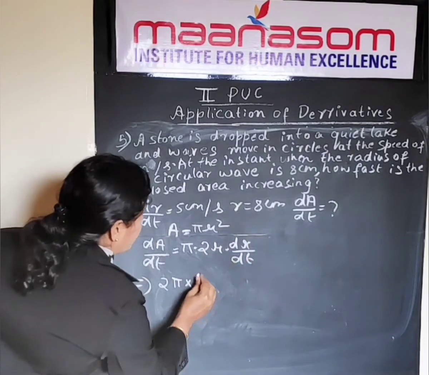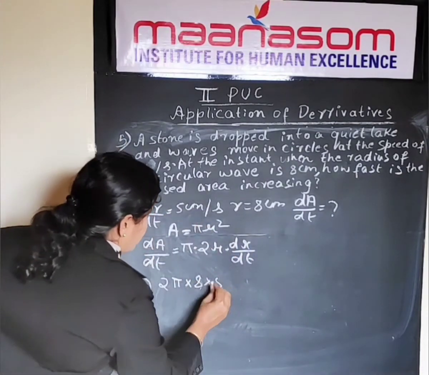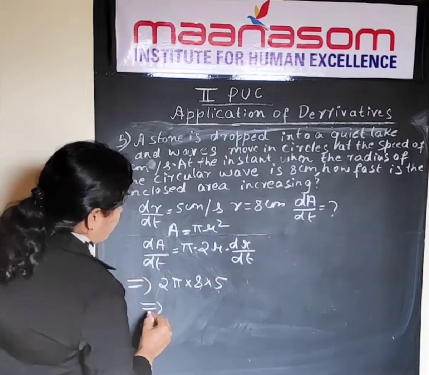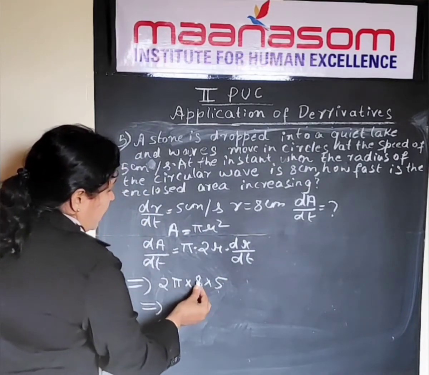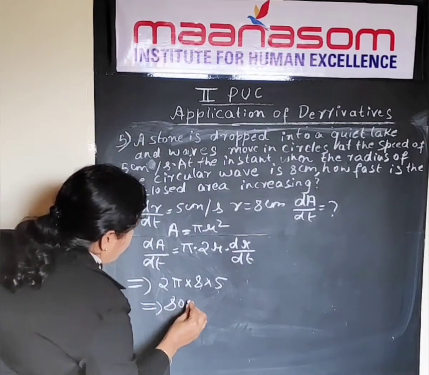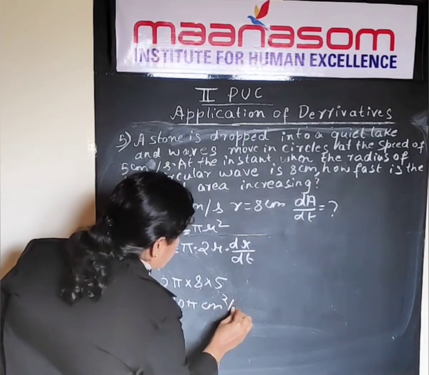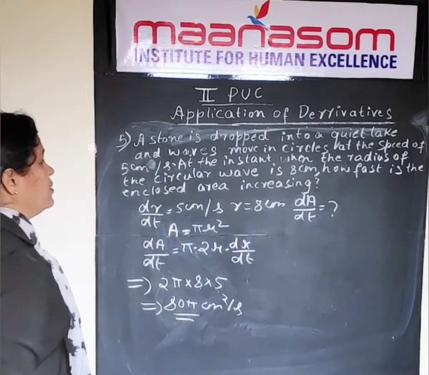R is 8 here, and what is our dr by dt? dr by dt is 5 here. So what will we get as the answer? 8 5s are 40, 40 2s are 80. So 80 pi centimeter square per second is the answer.